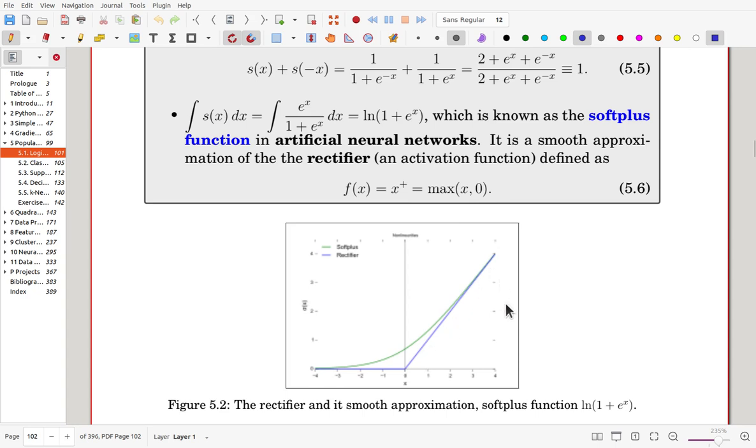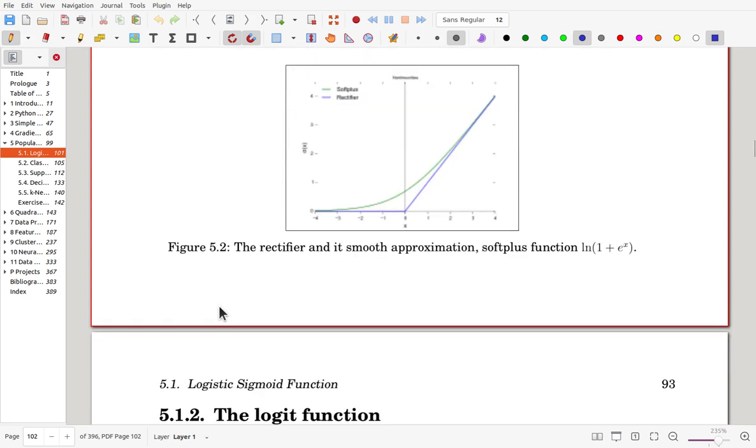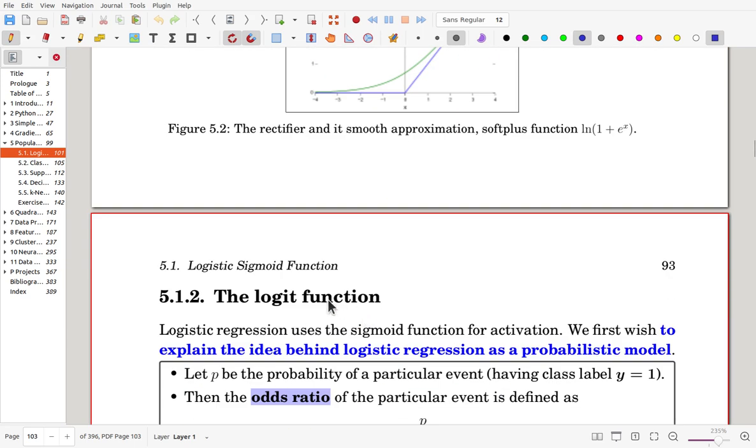Apparently, the softplus function is a smooth approximation of the rectifier. These two functions are quite often used as activation functions. Of course, the sigmoid function is also very frequently used as an activation. Particularly, logistic regression uses the sigmoid function for activation.